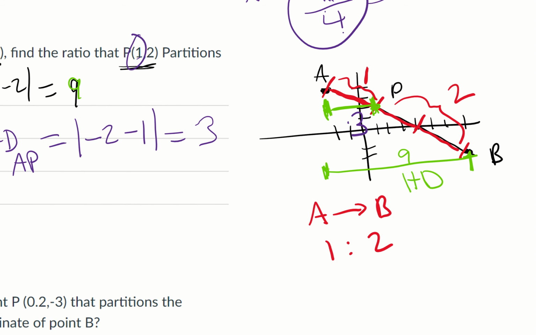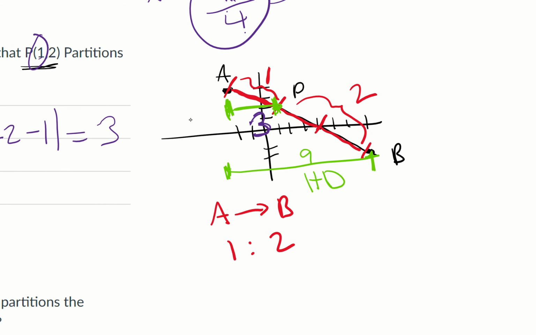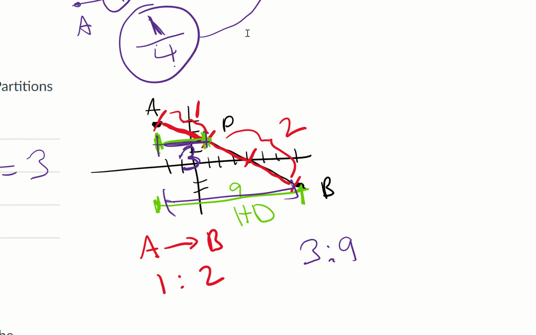So then what's the ratio? The ratio here is 3 to 9, right? 3 here, 9 there. So it's a 3 to 9 ratio for this to this.